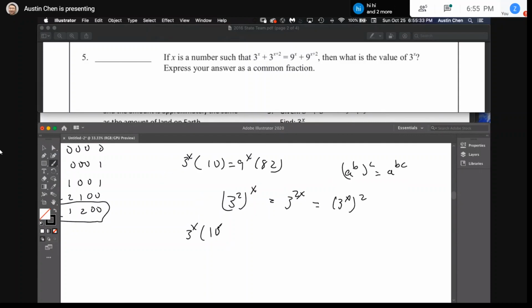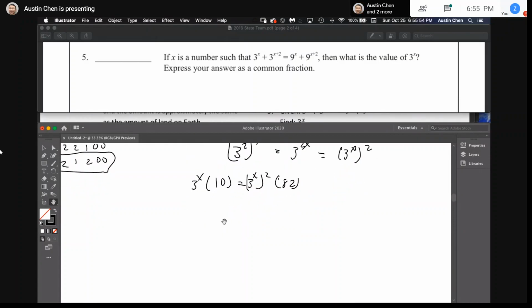So then we have 3 to the x times 10 equals 3 to the x squared. Whenever you have something to something and that to the power of something, you can just switch the exponents if you want to. And this times 82.